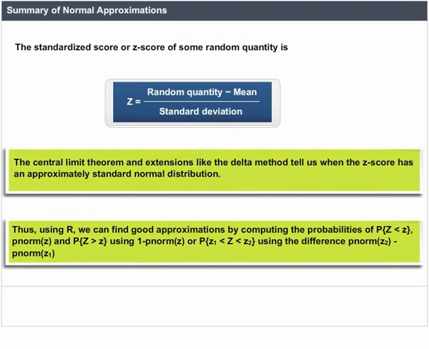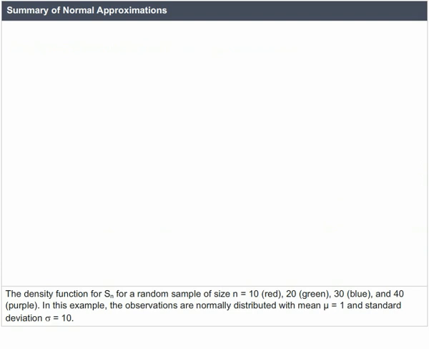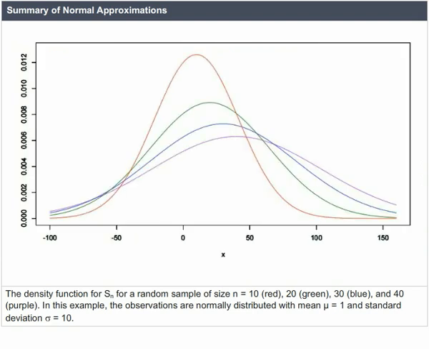The density function for Sn for a random sample of size n equal to 10, red; 20, green; 30, blue; and 40, purple. In this example, the observations are normally distributed with mean mu equal to 1 and standard deviation sigma equal to 10.